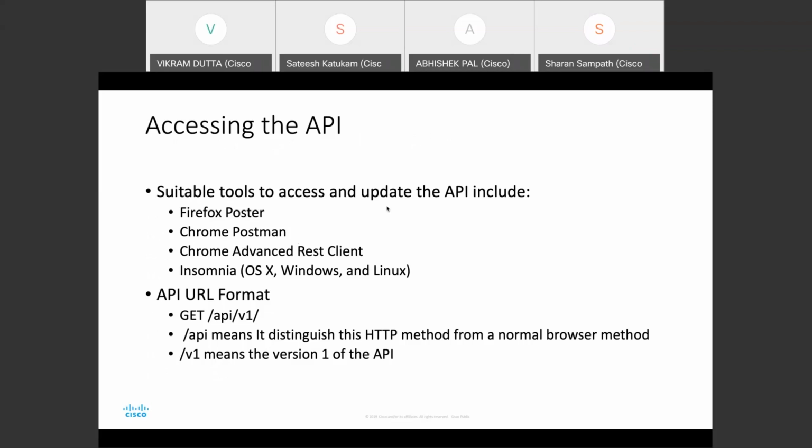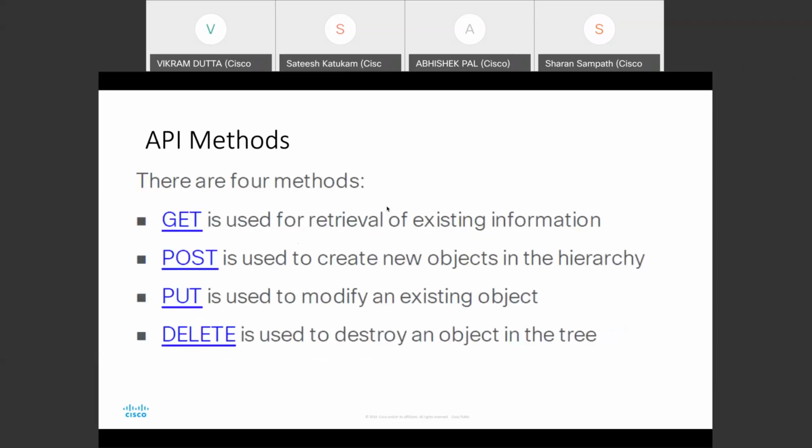That's always needed to actually distinguish from the HTTP method, which is a common HTTP method, from the API. And the version one means version one of the API is supported. So you can use any REST client API tool that you wanted to use to configure CMS. Having said that, we have an option to do it from the web admin also now from 2.9 onwards.